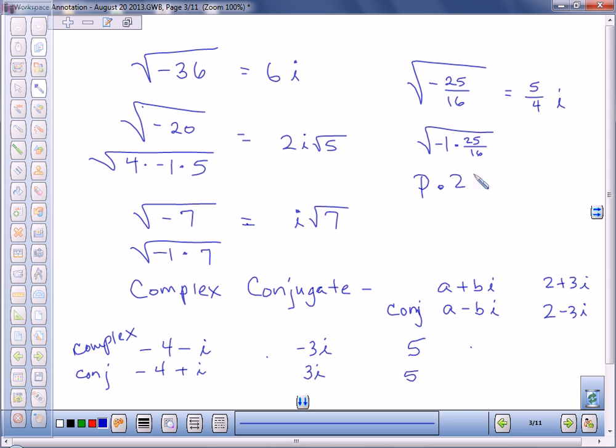And on page 296, I want you to try numbers 1 through 8 and 12 through 14. And then on page 297, I would like you to try 1 through 3 and 12 through 14. I know the desks are separated because I'm quizzing all afternoon, but if y'all would like to group up as you work on it, that's totally fine. You can talk about it as you go.